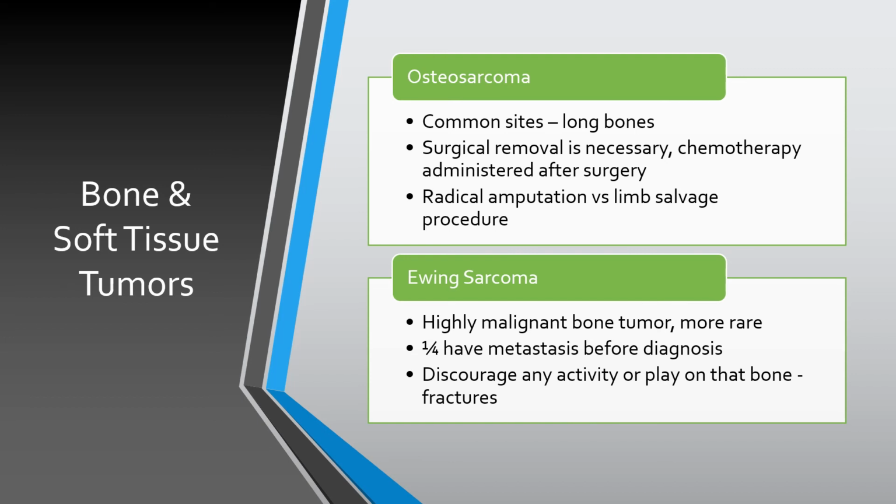Amputation of the entire extremity or the entire affected bone would be that radical amputation. If we're thinking about limb salvage procedure, we're just removing the affected portion of the bone and replacing it with a cadaver bone. Remember, if this is a teenager, their biggest concern is that body image, self-esteem.